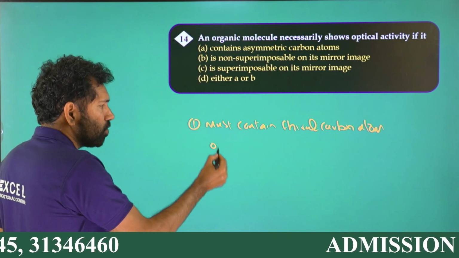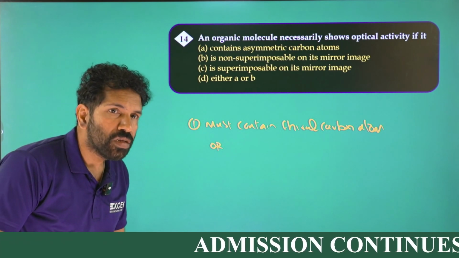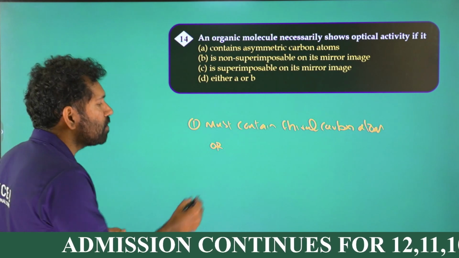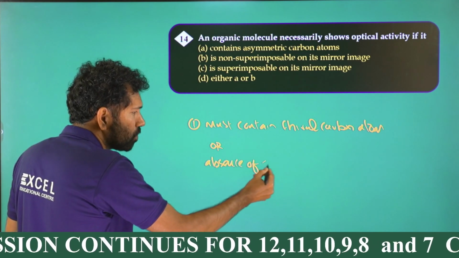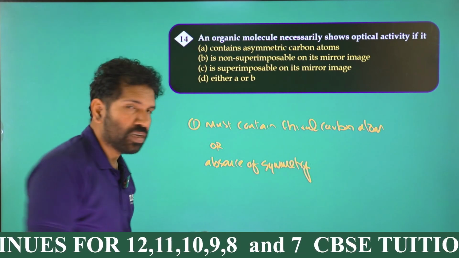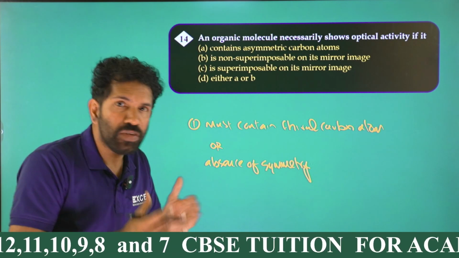The second condition is that the compound must have an absence of symmetry. The compound must be asymmetric. If a compound has an absence of symmetry, it will show optical activity.